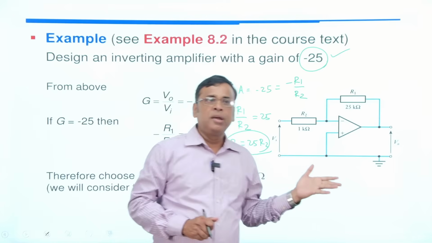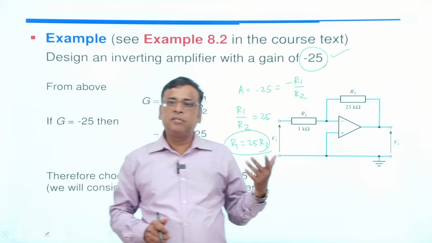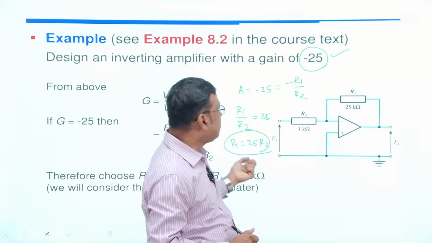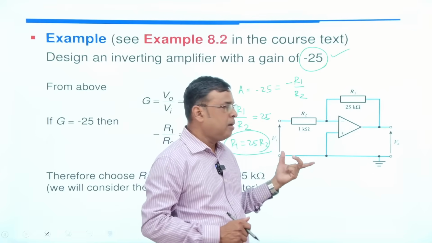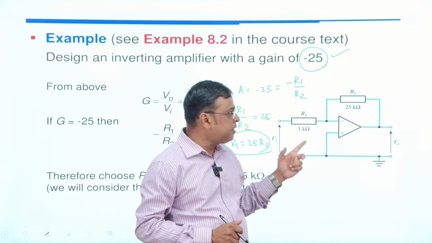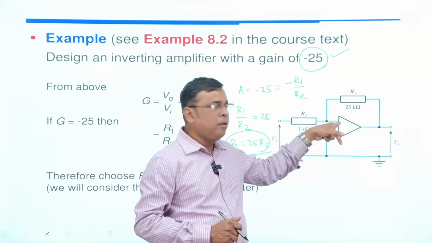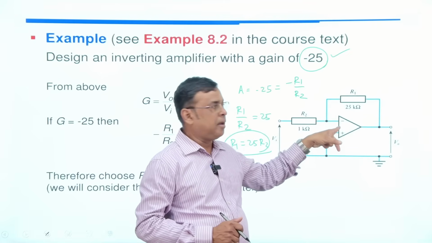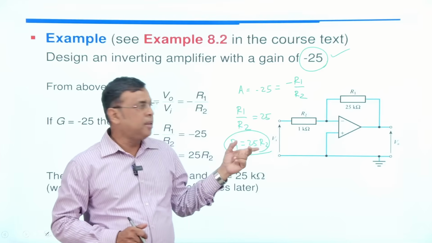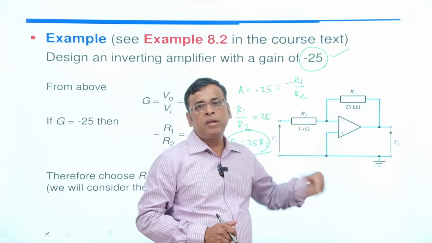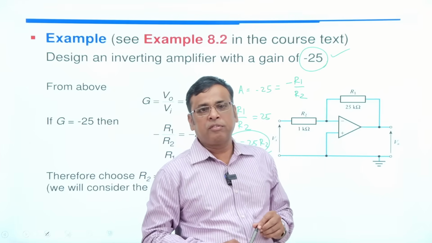In non-inverting, the phase difference is 0 degree. In inverting, the phase difference is 180 degree. There will be a negative sign at the output in case of inverting, because we give input to the inverting terminal, the minus terminal. But in non-inverting, we give the input to the plus terminal, so the output gets the plus sign.